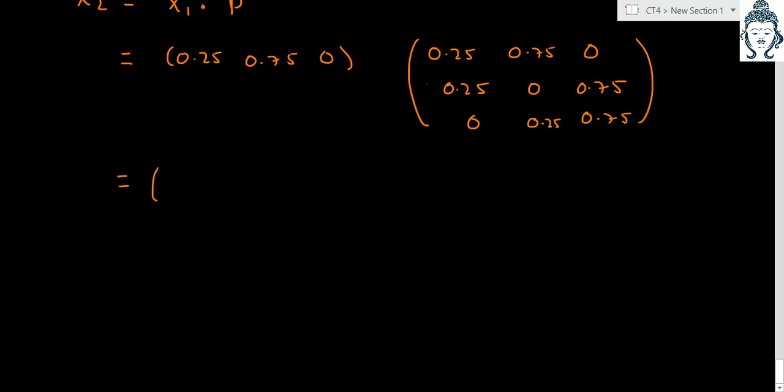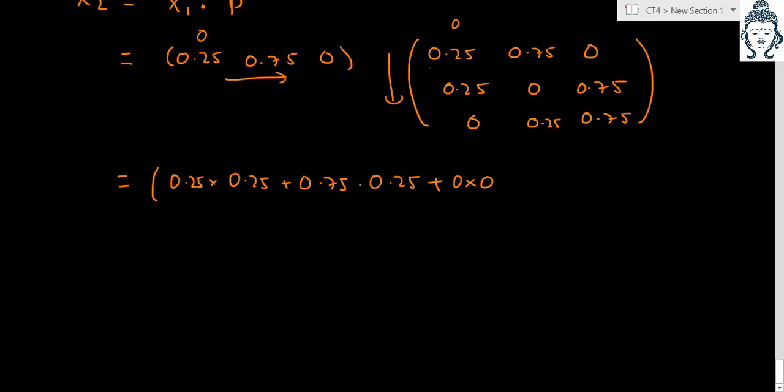So if I multiply them, 0.25 into 0.25, 0.25 into 0.75 and 0 into 0, I'll add all of them up. So the first element would be 0.25 into 0.25 plus 0.75 into 0.75 and then plus 0 into 0, considering this as a row and multiplying it with the first column. So all I'm saying is that if I am in state 0, the probability that I'll stay in state 0 would be equal to this.